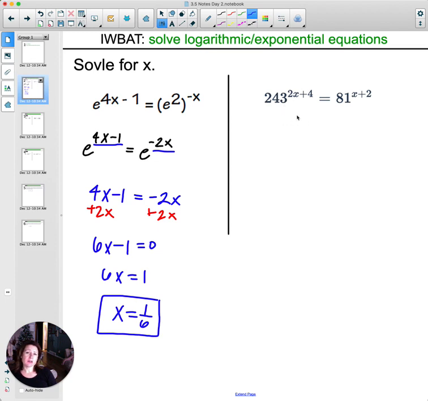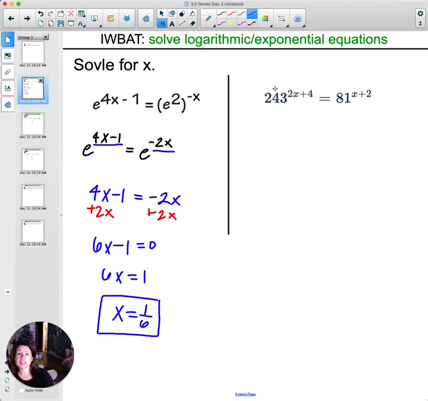Over here in this next example, again, we're going to be able to get these written as the same base. You may remember 243 being maybe 7 cubed. Nope, that's 343.